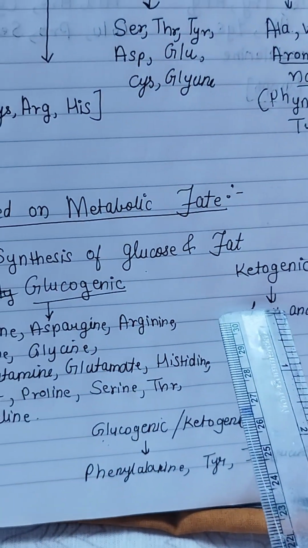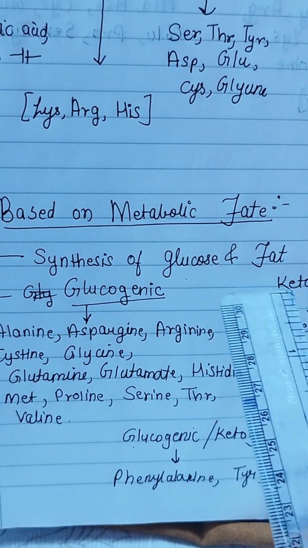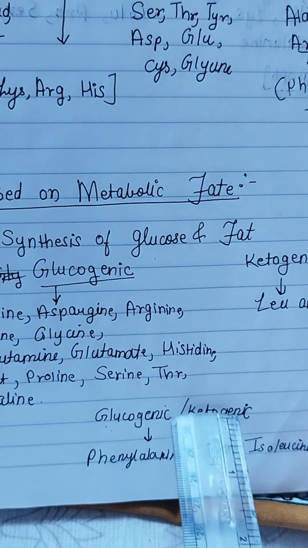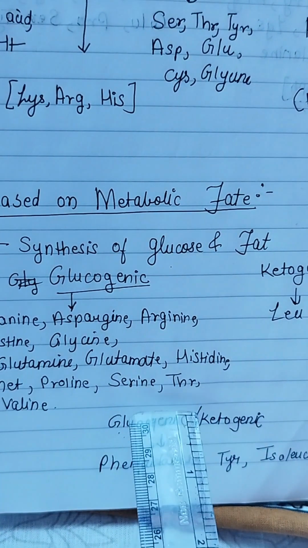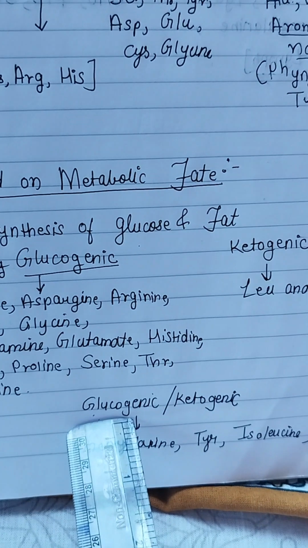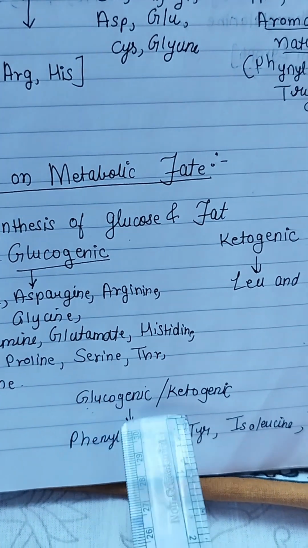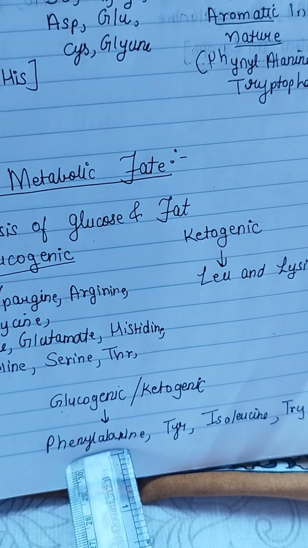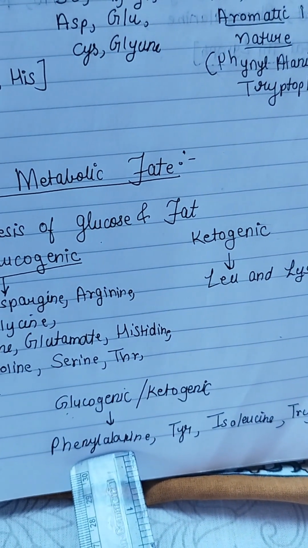Now apart from this, the amino acids which take part in synthesis of both glucose and fat are called glucogenic and ketogenic. There are four amino acids: phenylalanine, tyrosine, isoleucine, and tryptophan.